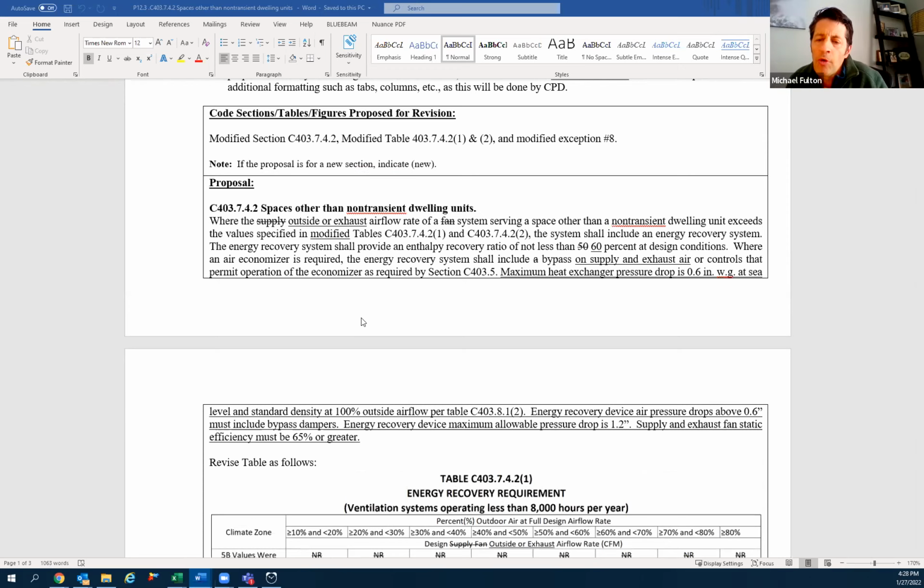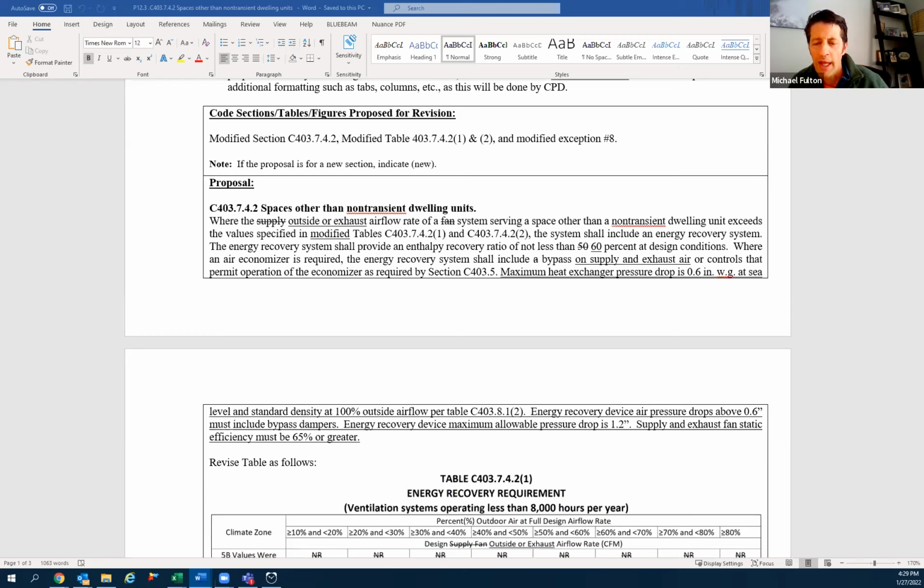So the proposal basically is an addition to an amendment that was adopted in the last cycle, and it fixed a few unforeseen things. One of the things it does is increase the energy recovery ratio to a closer, more commercially available energy recovery that's out there.